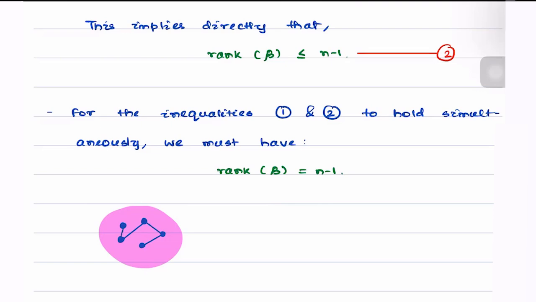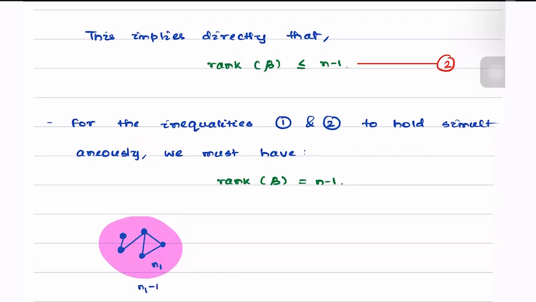We can have more vertices here. Let's say this has n1 number of vertices. Then we know that the rank of the incidence matrix for this component is straightforwardly equal to n1 minus 1.